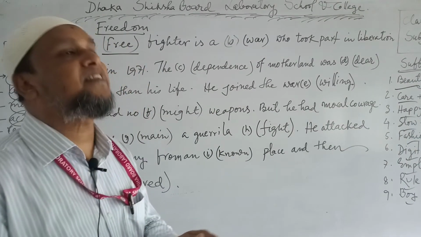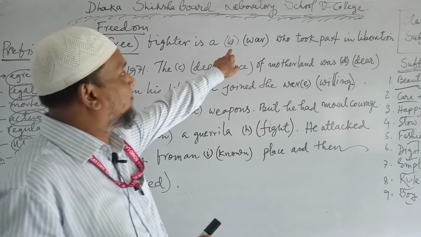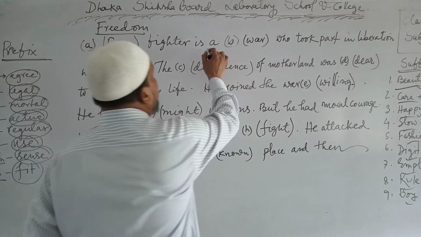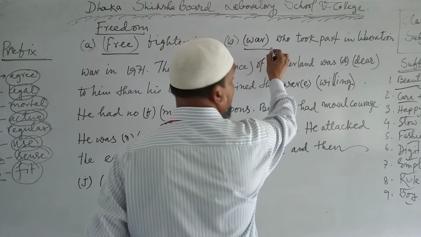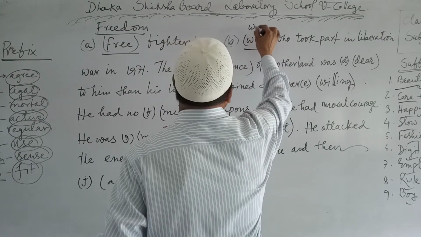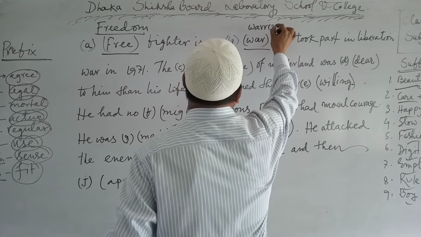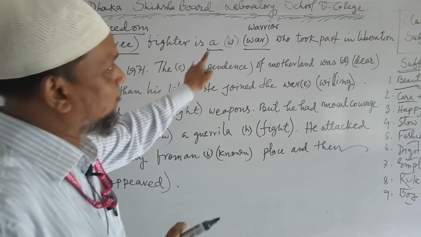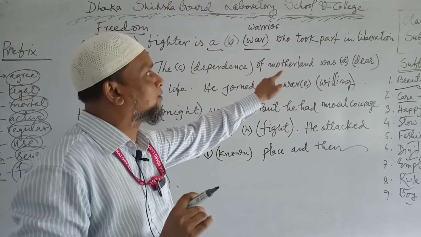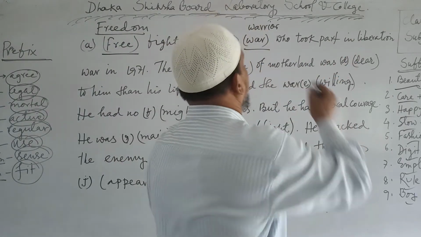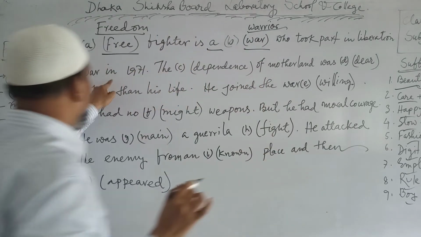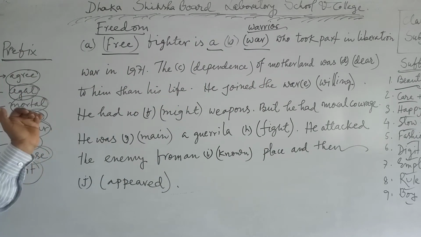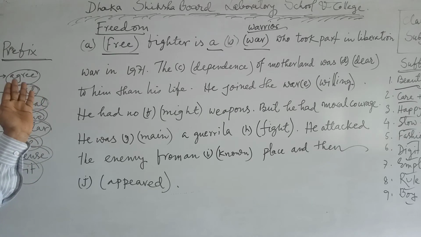Actually, where it's a verb. A verb does not take any article. So, if we want to make it meaningful, the word where must be warrior. That is a noun. So, freedom fighter is a warrior who took part in liberation war in 1971. So, this is a complete sentence because it is now meaningful.